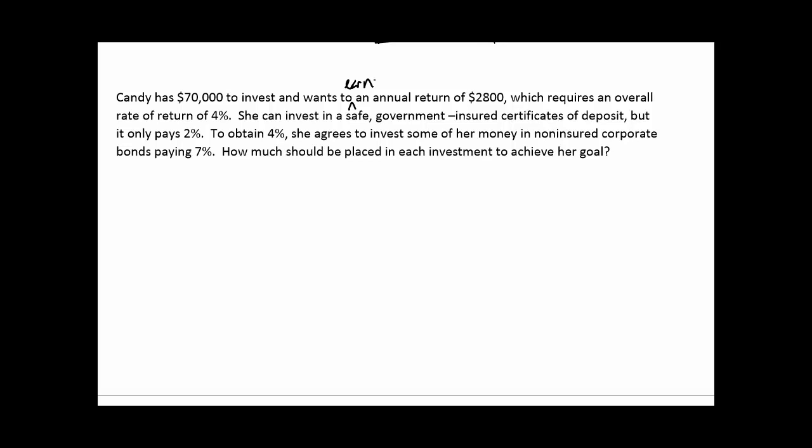Or if she involves herself with the risky corporate bonds, she can earn 7%. So we're going on faith that those are the percents that she's going to earn. And so the question is, how should she divvy out her money?